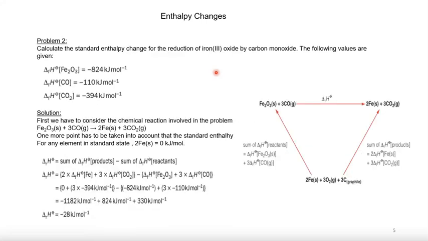Okay, next one, another problem: calculate the standard enthalpy change of reduction of iron 2 oxide by carbon monoxide. The values are given here, and again we get our energy cycles.